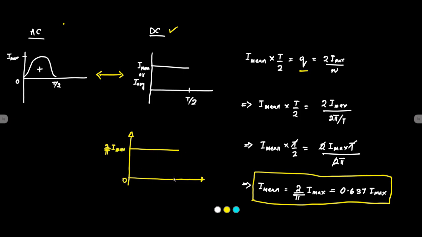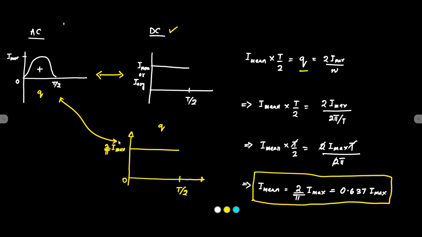When this value of current is passed for T by 2, half the time period, it will send the same amount of charge as is sent by this positive half cycle of the alternating current. They are the same, an equivalent representation. That is the essence of calculation of mean value or average value of alternating current.